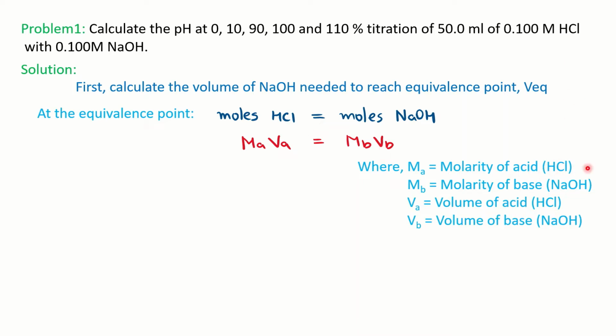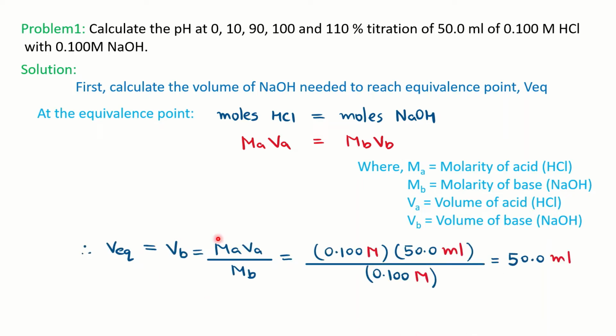In this case we have the acid HCl, which is a strong acid, and the base NaOH, which is a strong base. So this is a titration of a strong acid versus a strong base. How do we find the volume? We need to find the volume of base at the equivalence point. We can write that V equivalent is equal to VB. You can just write the formula and put in the values given in the question.